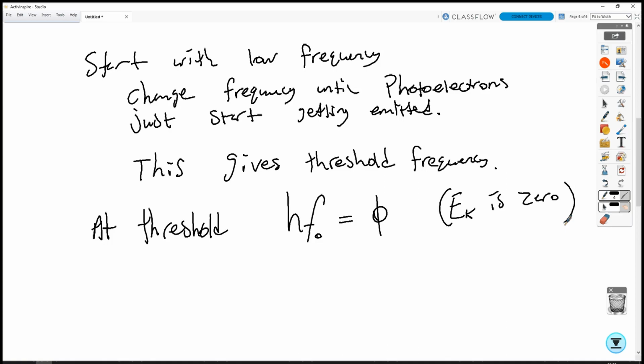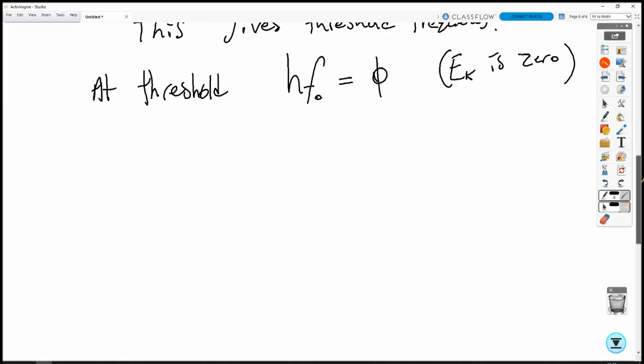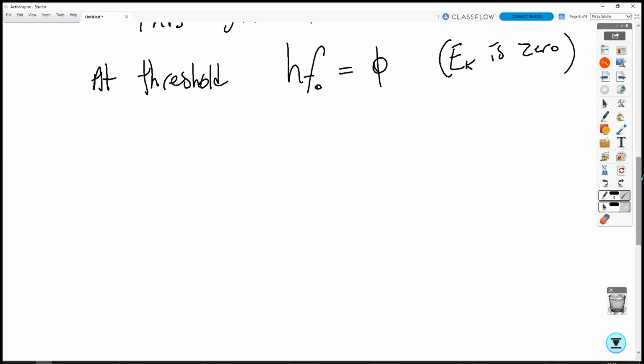Now say we want to, at some point, find the kinetic energy of these electrons, how much kinetic energy they're being emitted with. We take that material and we put it into an evacuated tube.